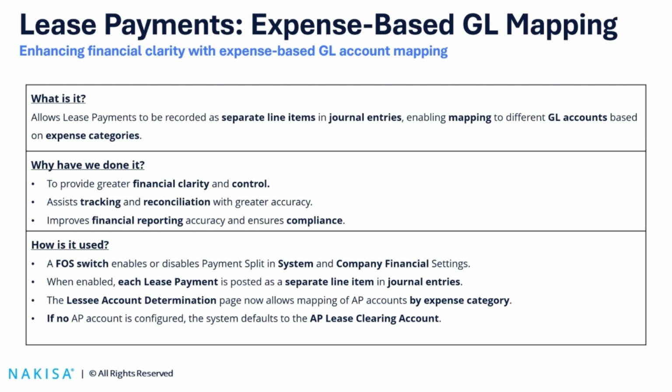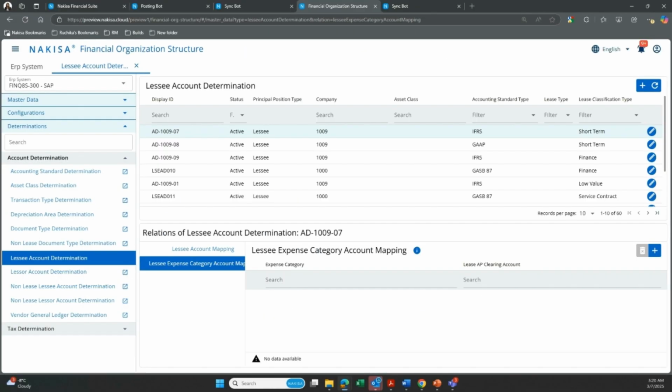So how is it done? We will go to the FOSS to see this. If no AP account is configured, the system will go back to default, which is the AP lease clearing account, and that is out of the box.